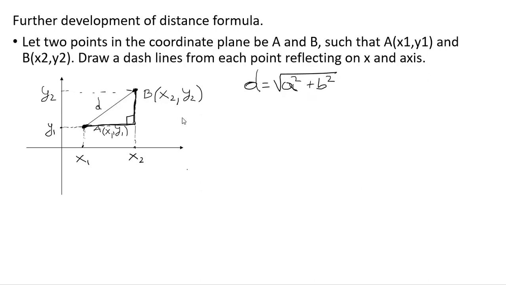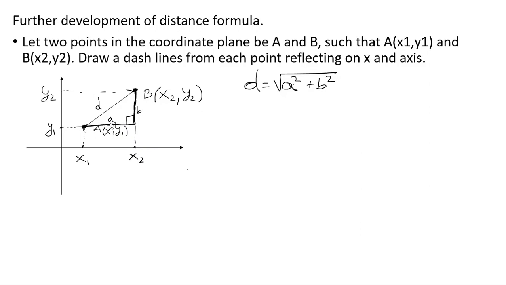Let's see, because this is the side A and this is the side B. So what is the side A? Well, actually, it doesn't matter if this is A or B. In the previous slide, this was B, this was A, but that doesn't really matter.